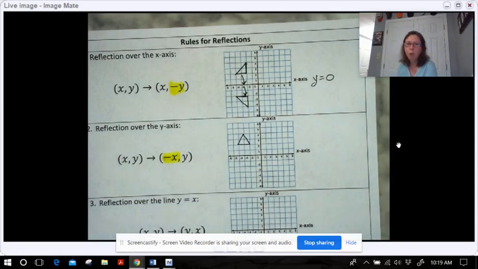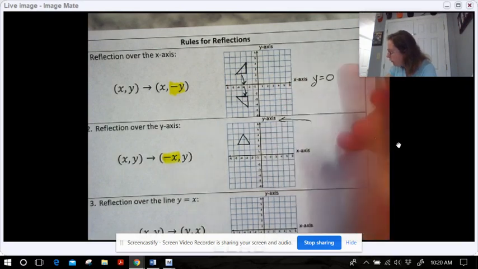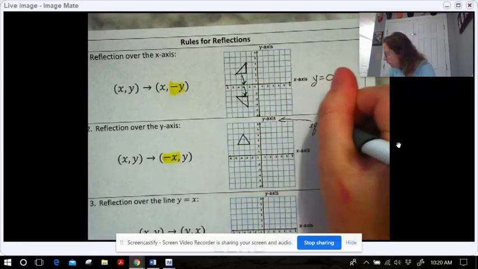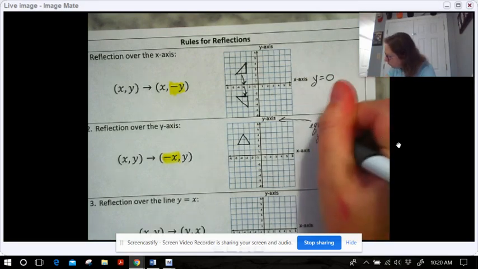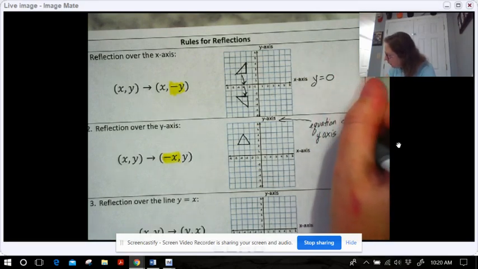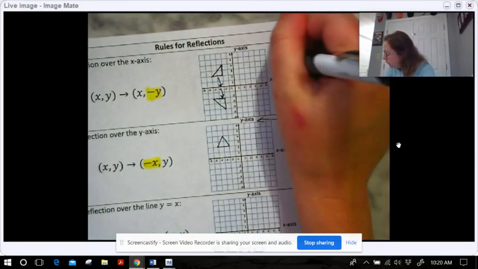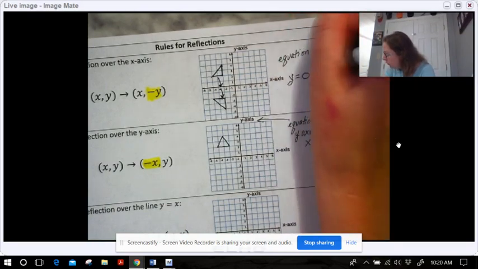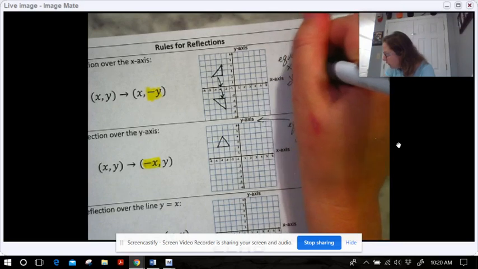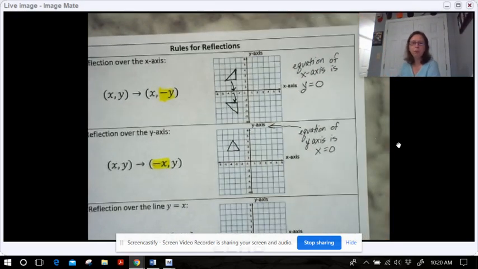I'm going to flip it over the y-axis. So the equation for the y-axis is x equals 0. Okay, so let me add this note up here too. The equation of the x-axis is y equals 0.